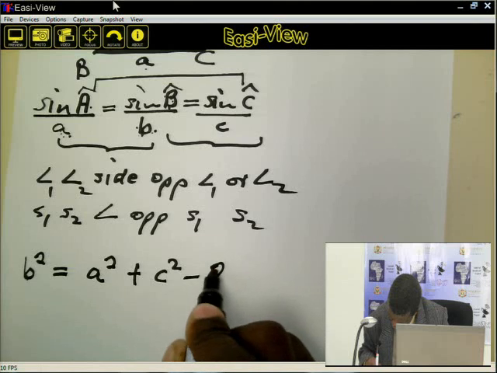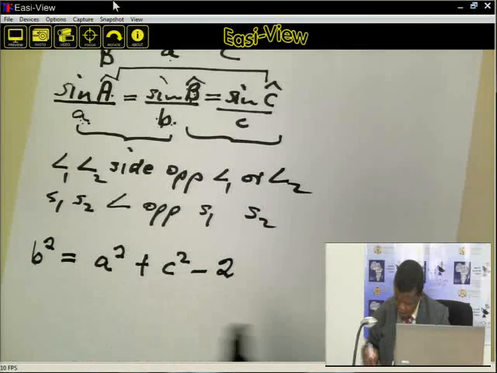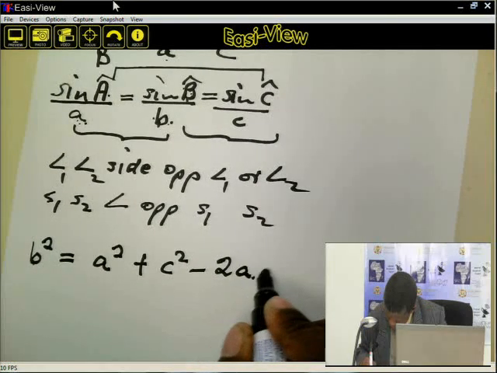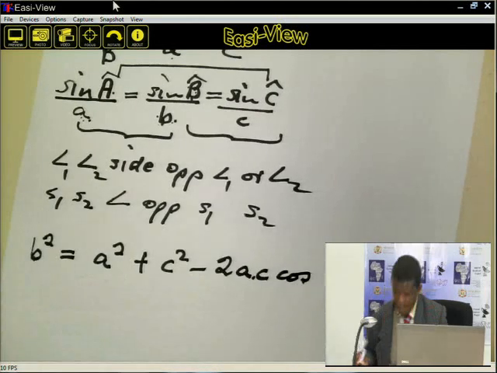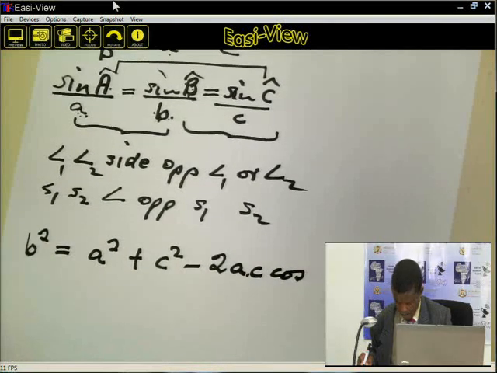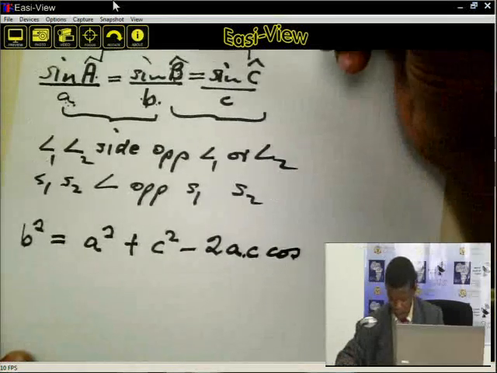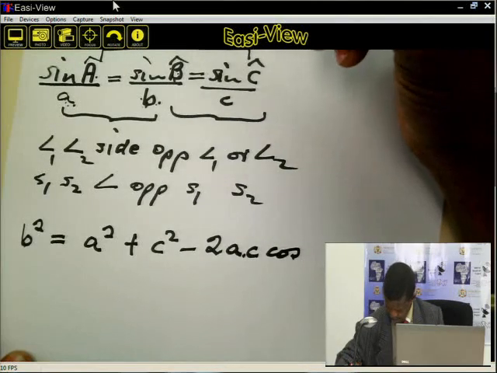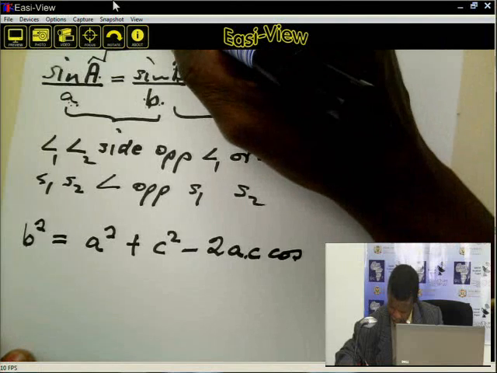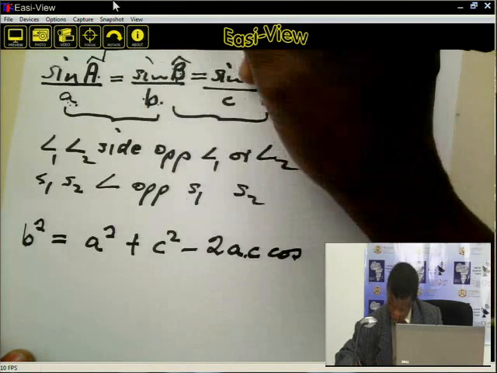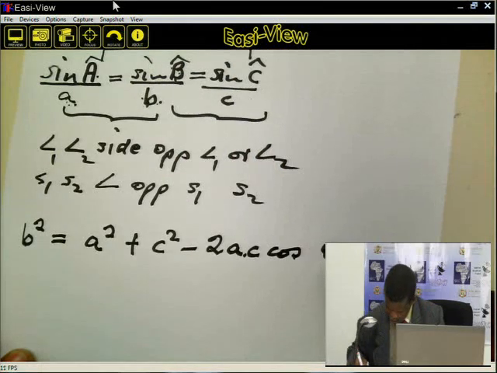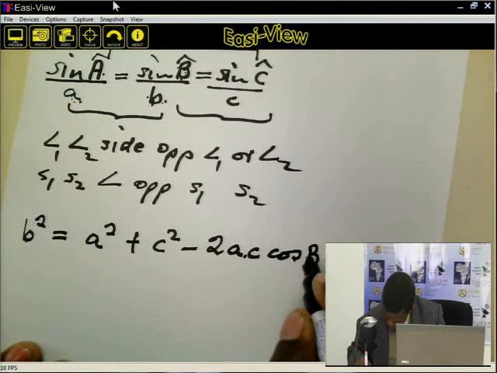Minus twice these 2 sides, but not squared this time, the product of these 2 sides, times the cosine of the included angle. Like I said, the included angle is nothing except the angle made up by the very sides a, b, b, c, which is c and a. So it is the cosine of B.